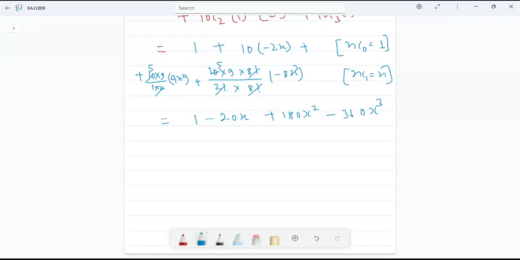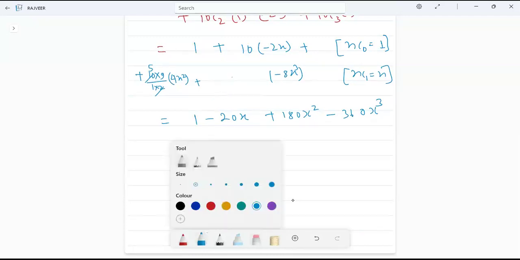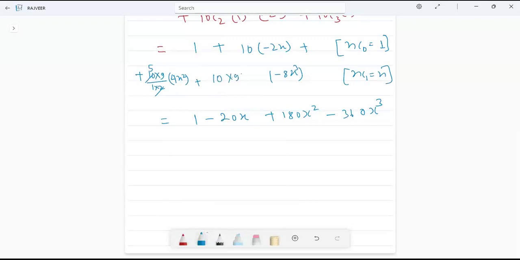45 times 8, 10C3. Okay, here we have made a mistake in fact. 10C3 will be 10 into 9 into 8 divided by 1 into 2 into 3.